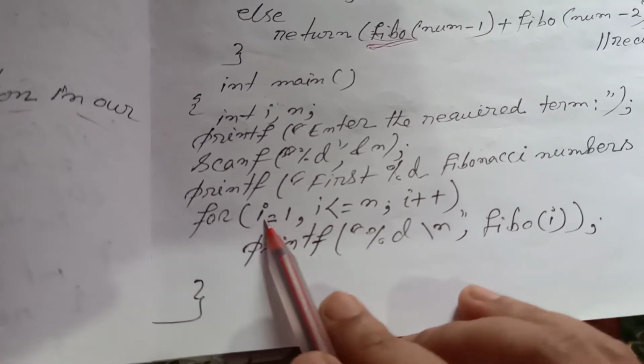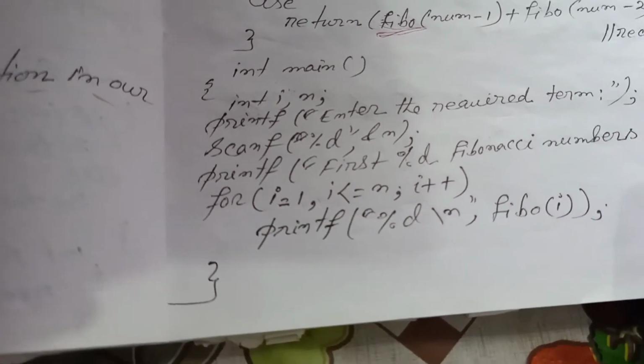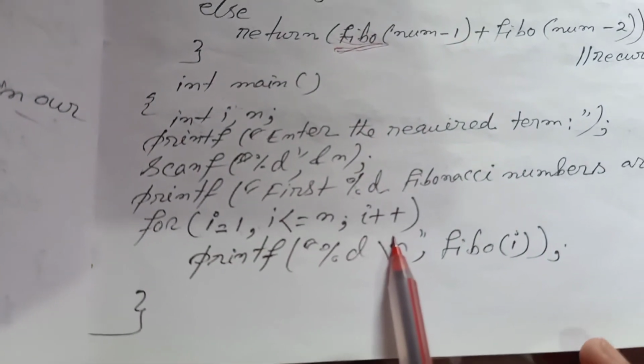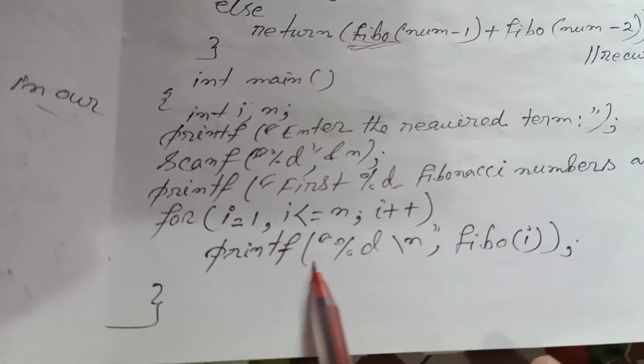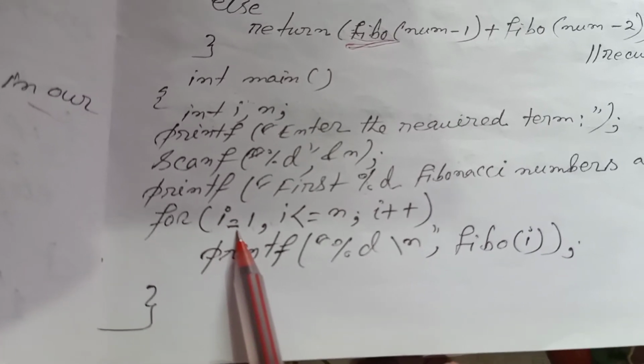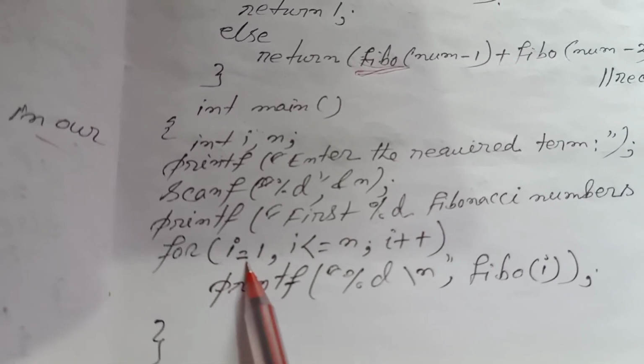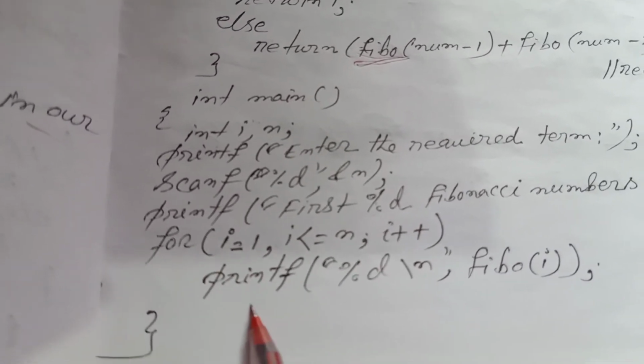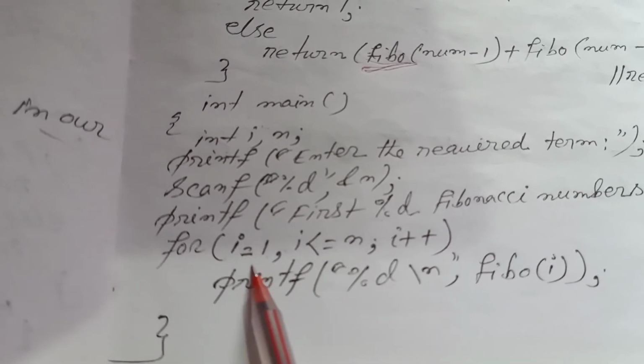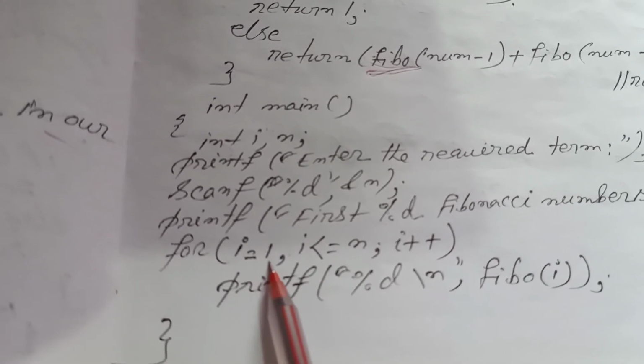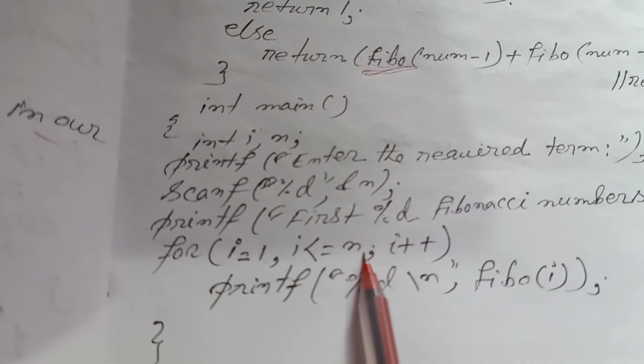Here we are using the for loop, because we are doing the same calculation again and again, so we use a for loop to simplify it. Within the for loop, start with i equal to 1, i less than or equal to n.